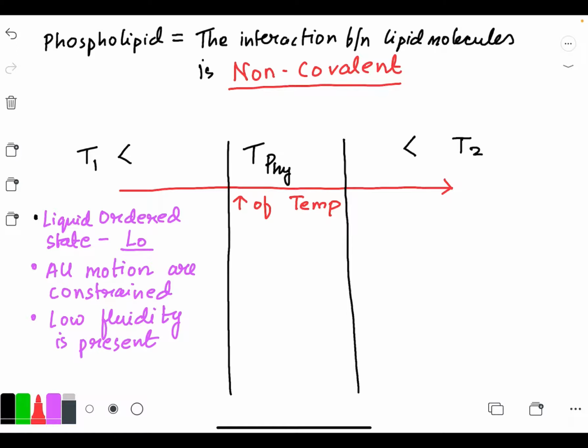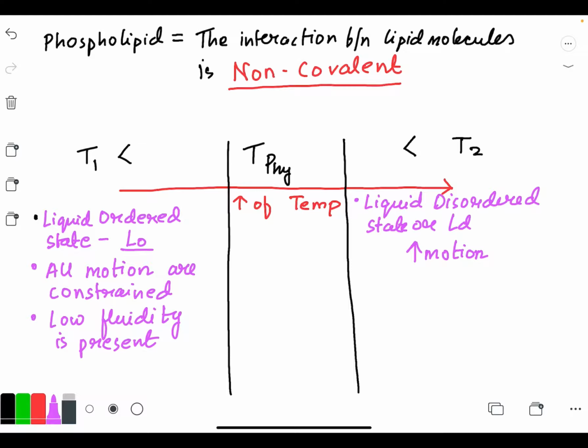Now if we keep on increasing the temperature, then the membrane will be present in another state known as the liquid disordered state, right? Liquid disordered state or the Ld state, and here the motion increases. Overall fluidity or motion of the lipid molecules increases.